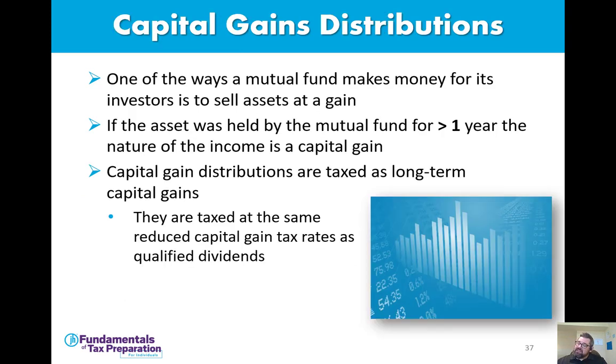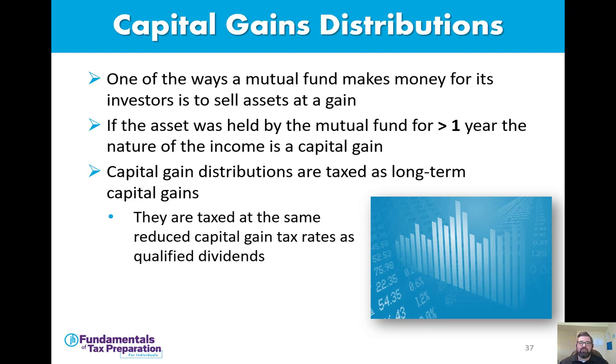Capital gains is something that you deal with every once in a while. It's something that a senior preparer will definitely be available to help with. There are two types. One is gains on stock transactions. If you buy a stock at $10 and sell it at $12, that's a capital gain.